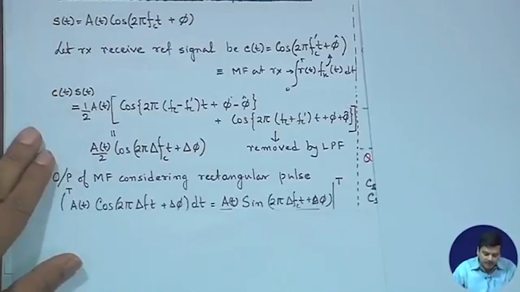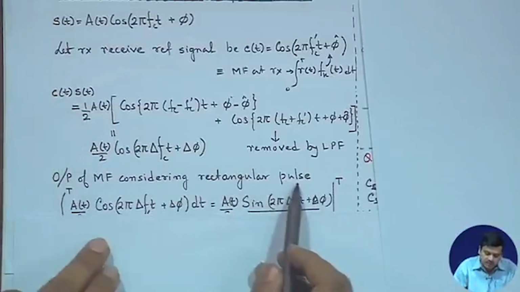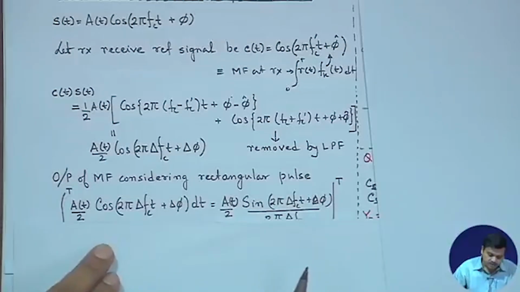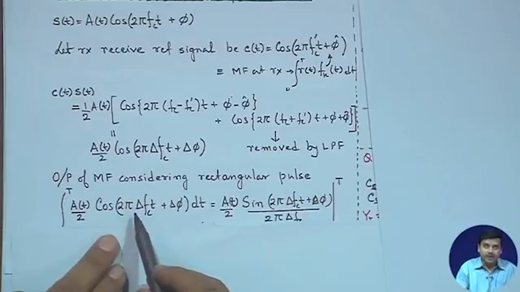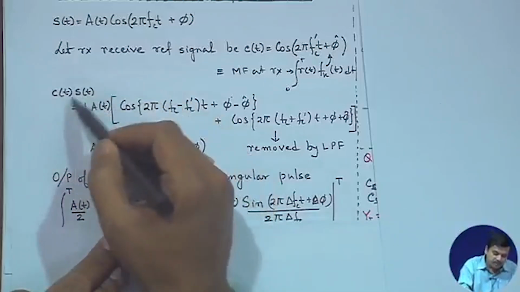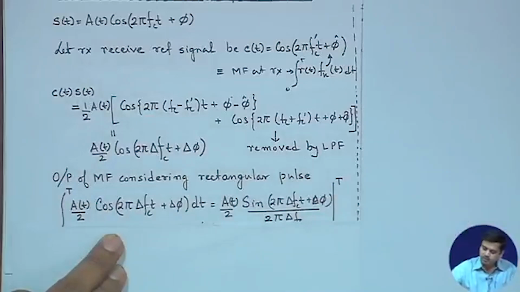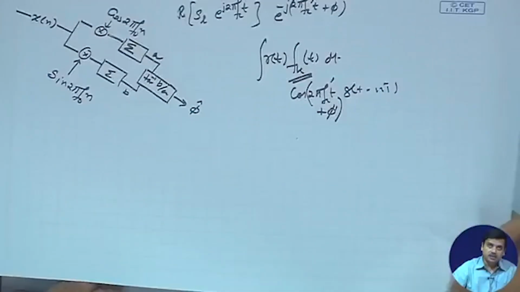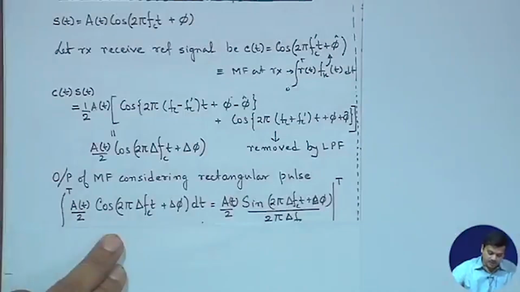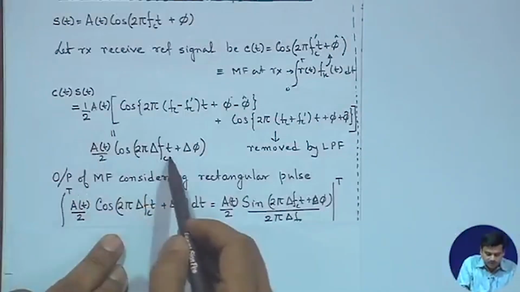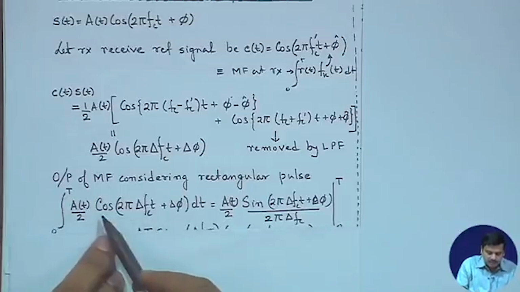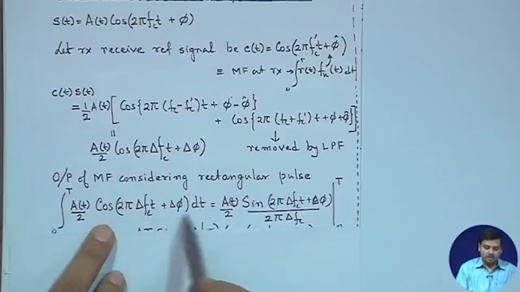The output of the matched filter, considering a rectangular pulse, right. So, what remains is the integration of CT ST, that is what we have been explaining right here. So, the output of the matched filter will be, this is the product already. Now, the integration part is integration of AT by 2 cos of this term.